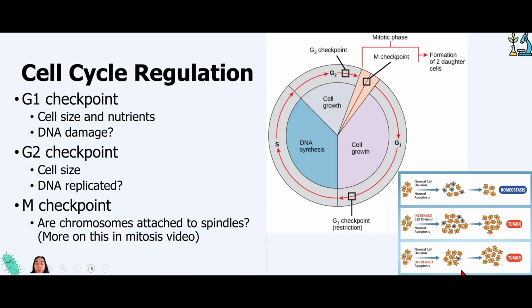Or in another situation, if we have decreased apoptosis, which, by the way, is when a cell goes through suicide, when it realizes, hey, there's something really wrong with me, I'm just going to go away now. Cells can go through apoptosis when they know that there's something wrong. But if a cell is incapable of figuring out that something's wrong with it, then it's going to continue to divide and again form a tumor.